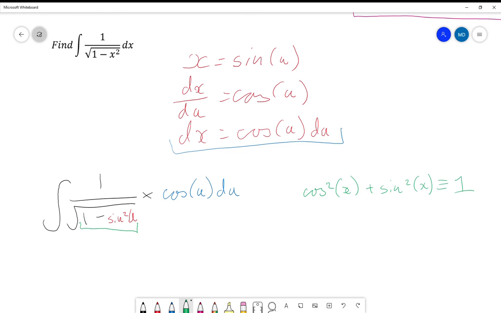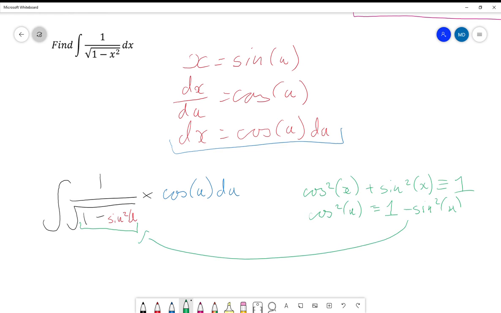It's identical to 1. And that tells us that cosine squared of x is the same thing as 1 minus sine squared of x. And that is exactly the substitution that we need to make here. Or in fact, let's rearrange that and change that to u. Cosine squared of u is equal to 1 minus sine squared of u.